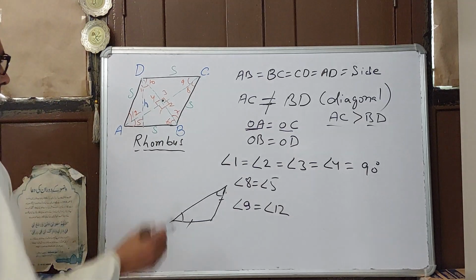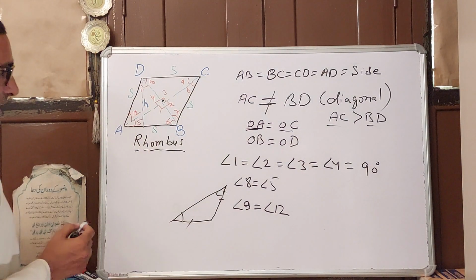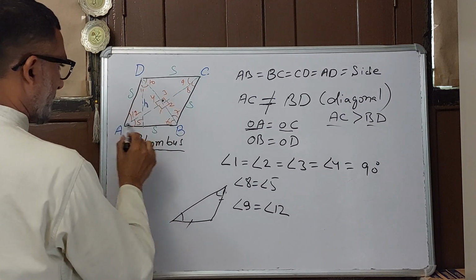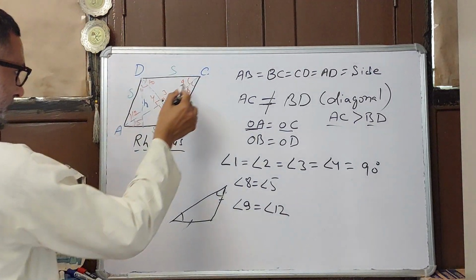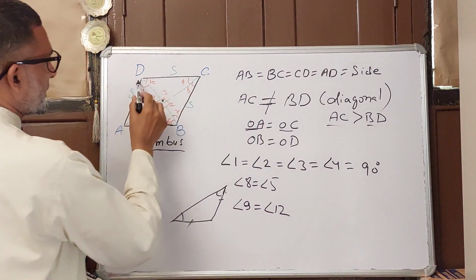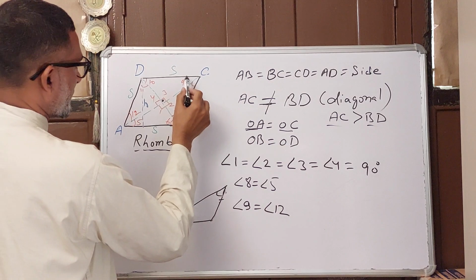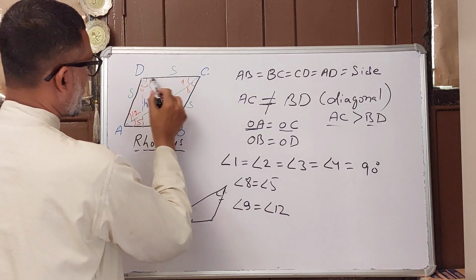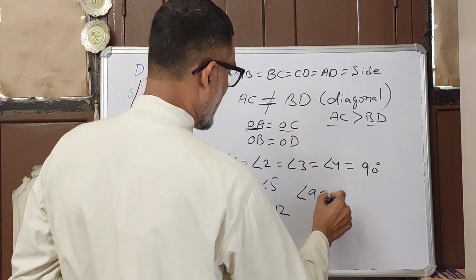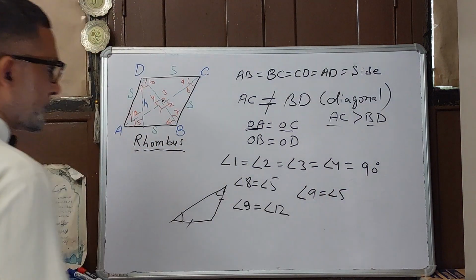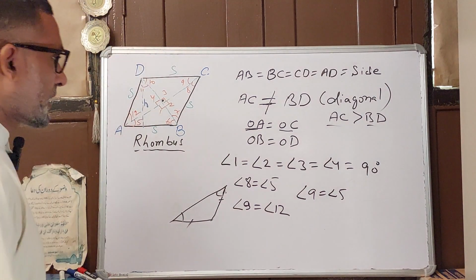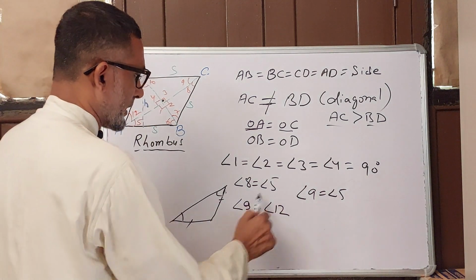But we know by the alternate interior angles property, when two parallel lines are passing and one transversal line is cutting, here the transversal line is AC, then alternate interior angles, like a Z shape, 9 is equal to 5.